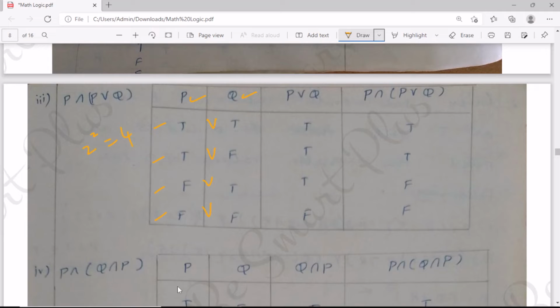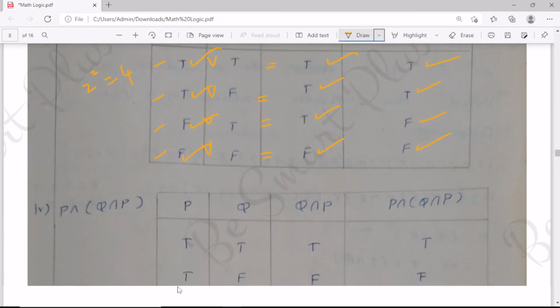That is true or true is true, true or false is true, false or true is true, and false or false alone is false. Then you have to take the conjunction, that is the AND operator, with P. So you combine this with this one. If you apply the AND operator, true and true is true, true and true is true, false and true is false, false and false is false.